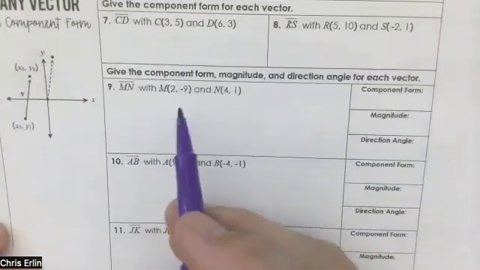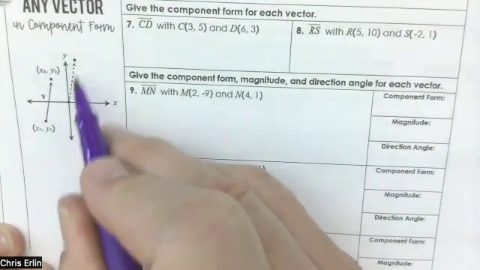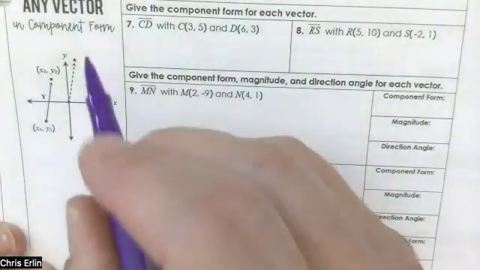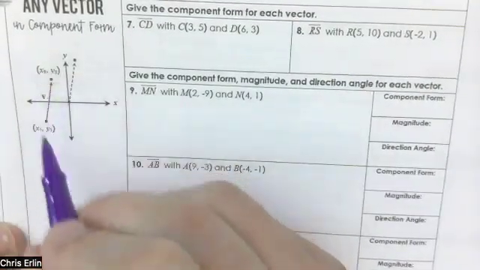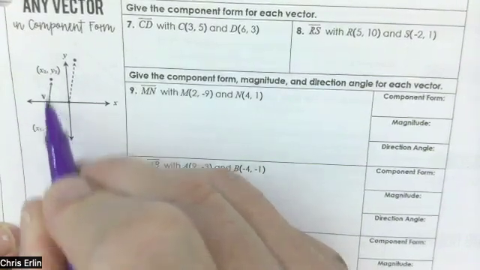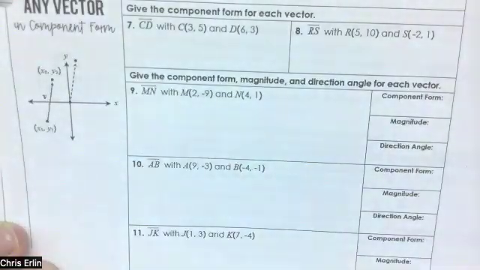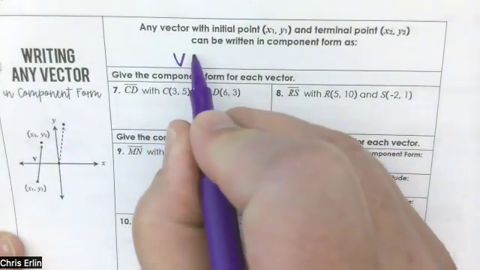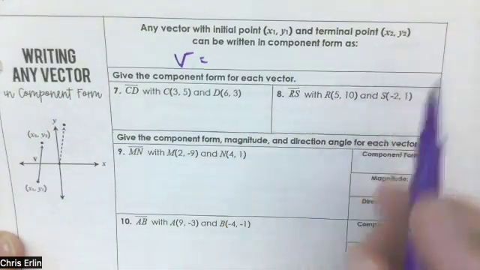Now, with the same concept here, as we said, anchoring this thing in standard form is really helpful. When we can put it into standard position and have it in component form, we get a lot of opportunity to interact with these things. But it might be given to us at some other points, like x1, y1 as the initial point to x2, y2 as the terminal point. How can we translate it to get it into standard position? Well, what we know is that any vector can be written if it starts at x1, y1 and finishes at x2, y2.